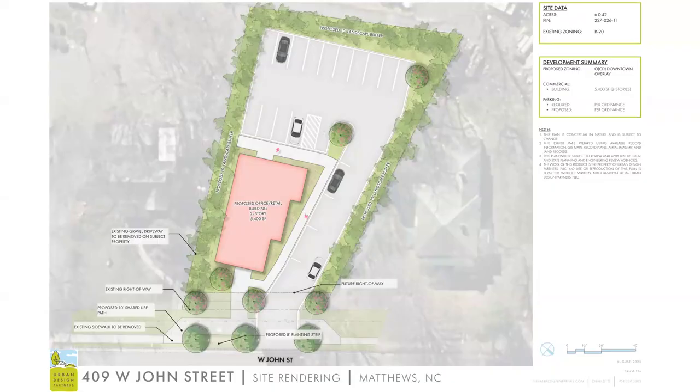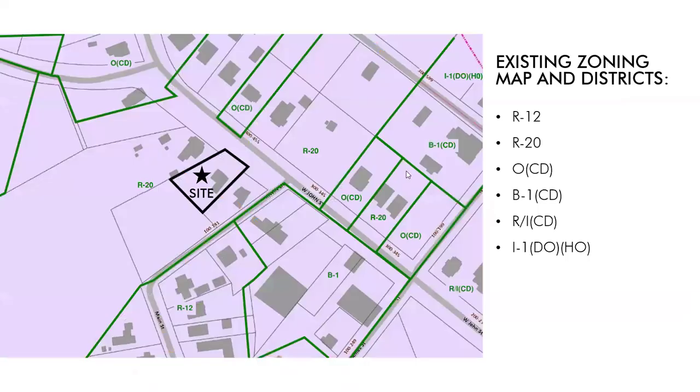Are you able to share the zoning? You mentioned the zoning of the adjacent properties. Are you able to share what those are? Yeah, so you can see these green lines on this map outline specific zoning districts. Our site, the property to the rear, and the abutting parcels are zoned R20, which is a residential zoning district.